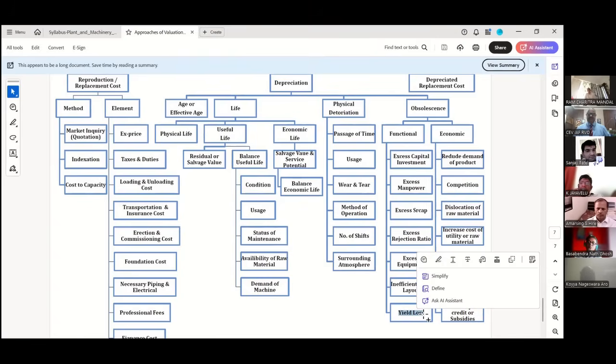So if a super efficient machinery is available compared to the old one, then the old machine is suffering from functional obsolescence. Anyone? What do you mean by functional obsolescence?